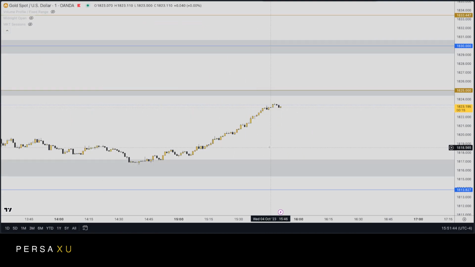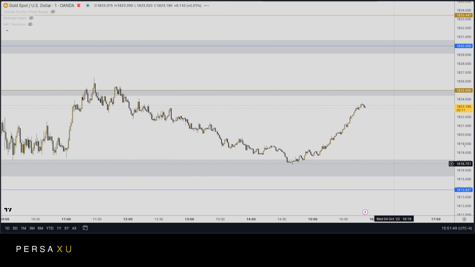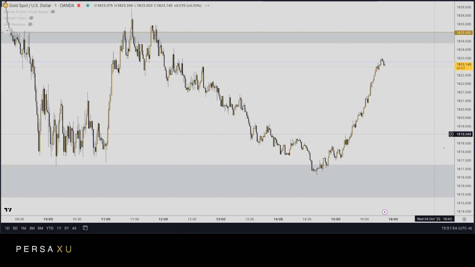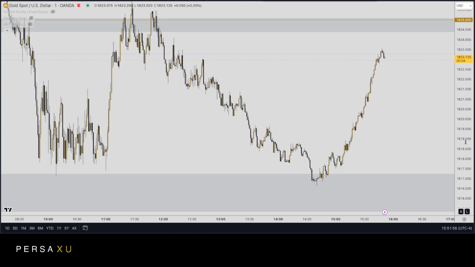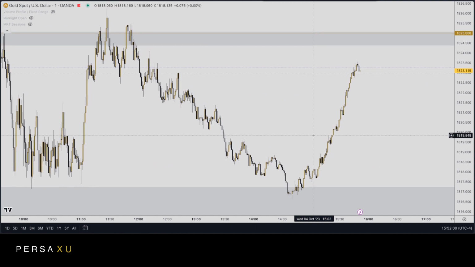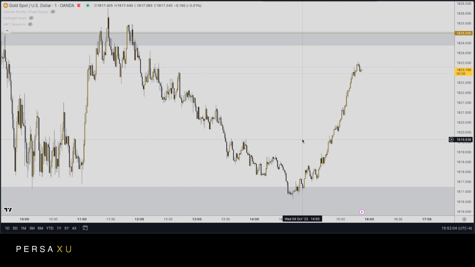You've seen this before. But here I'm gonna go into the 1 minute time frame, because I want you to notice how price comes down and how it changed its behavior and its structure, and therefore it changed direction.